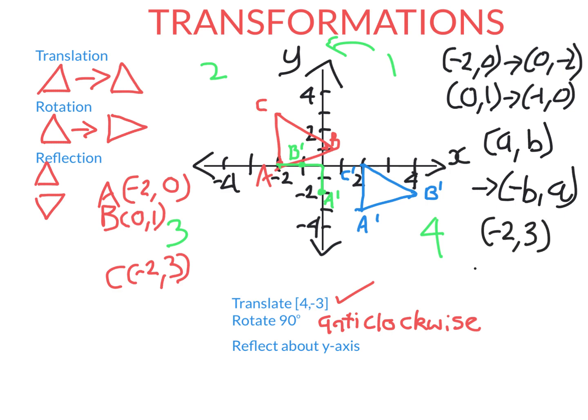If I want to rotate it 90 degrees anti-clockwise, all I do is switch around the x and y value and change the sign of the x coordinate. So C is actually going to go over here to -3, down to -2. C is actually going to be there. So that's a quick way that you can do it, and then we just draw up the shape.